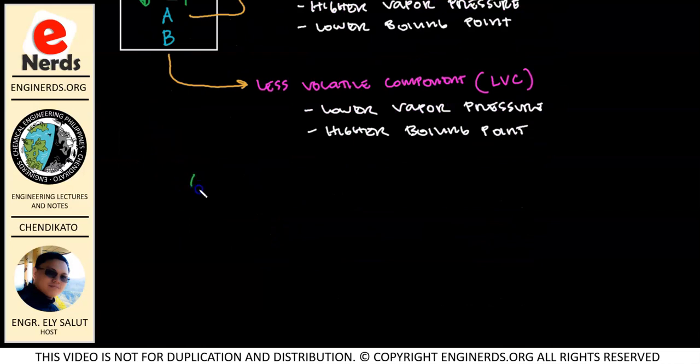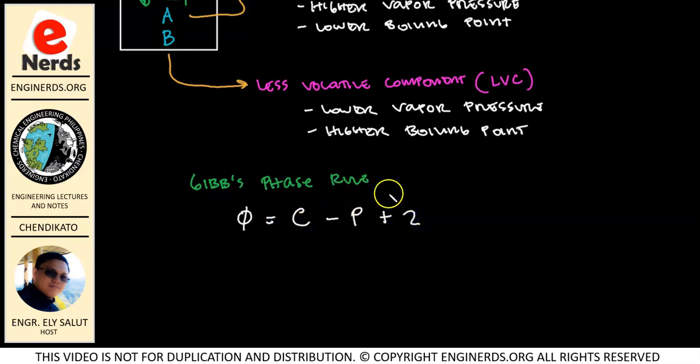We have our Gibbs phase rule, which is degrees of freedom equal to C minus P plus 2, where C stands for the number of components, P for the number of phases, and we add 2 here. We have a binary system here, so we only have 2 components. So, our C is equal to 2.